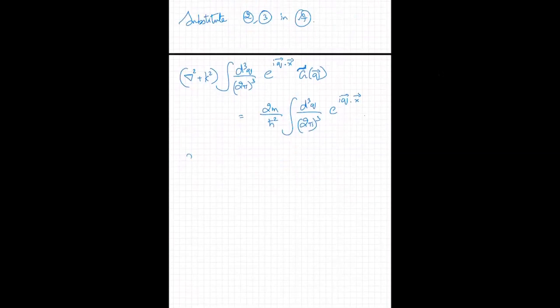Notice that del square plus k square only acts on the e to the i q dot x part, because G tilde of q vector is only a function of the momentum, the conjugate variable, and not position. So del square has nothing to do with G tilde.